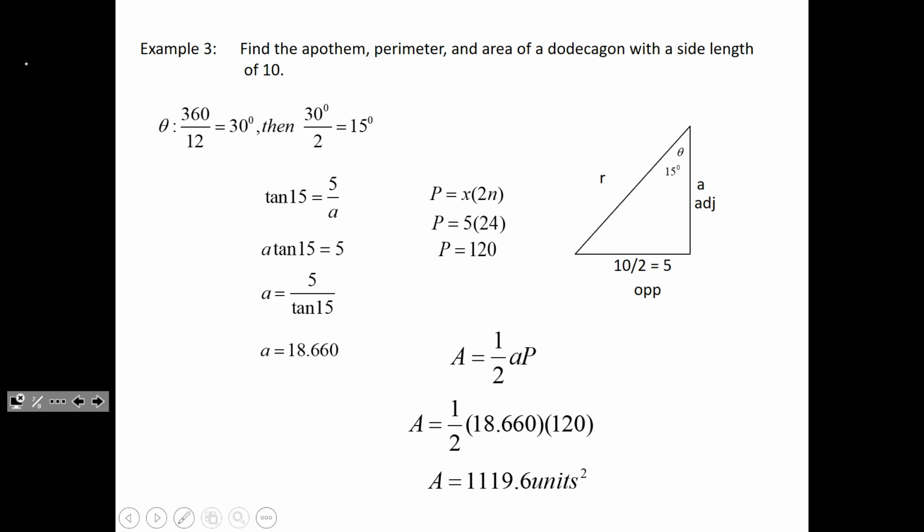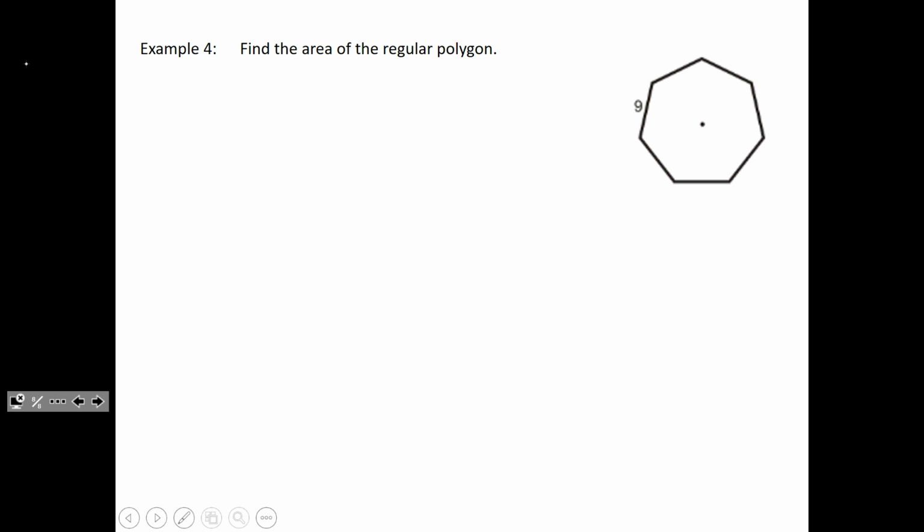We only have one more example on the notes, and this last example, all it asks for is the area. So we just need to find the apothem and perimeter so that we can find the area. So area of this figure, what did they give us in the picture?